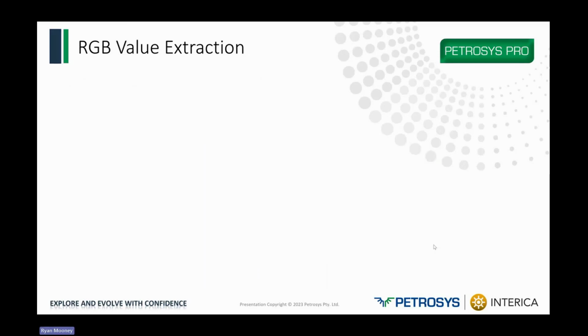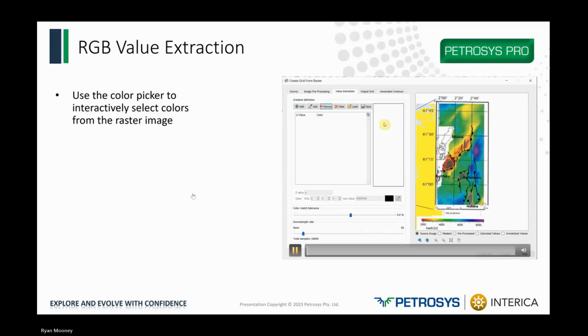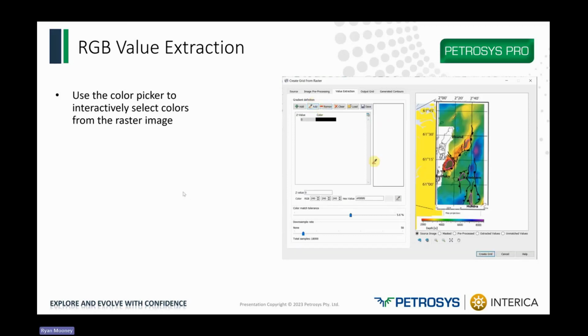So to actually create a grid, we build up our color gradient, and we do this within the value extraction tab. What we can do is use the color dropper to hover over a color pixel within the color bar, or we can also do it based on contours if we have them, to then choose the associated Z value.